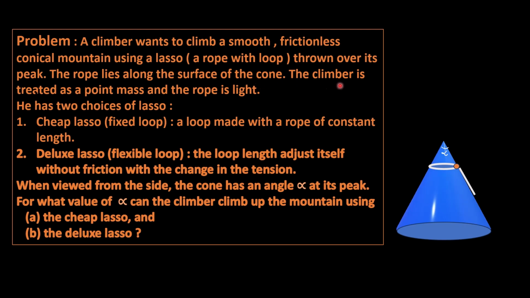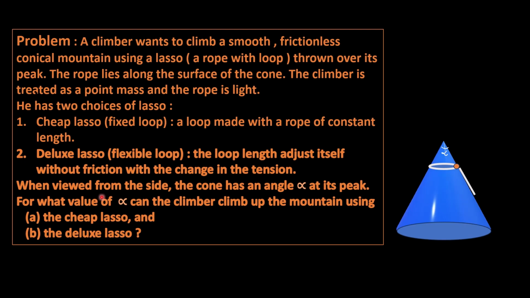We are assuming that the climber is a point mass and the rope is light, that is massless. He has two options of using a lasso. The first is cheap lasso, that is fixed loop, and the second is deluxe lasso, that is flexible loop.